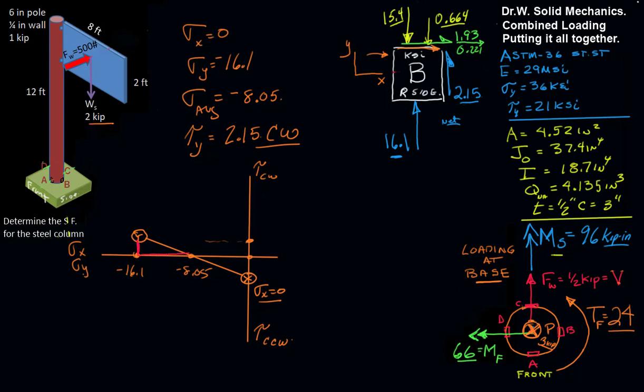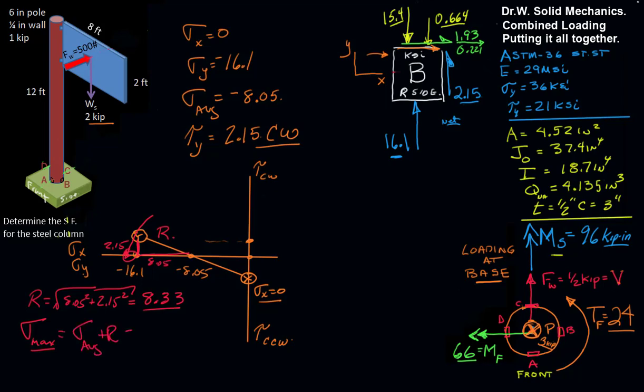So it has a height of 2.15, the shear stress value, and a base of 8.05, so we can calculate R. R will be the square root of 8.05 squared plus 2.15 squared, which will be 8.33.